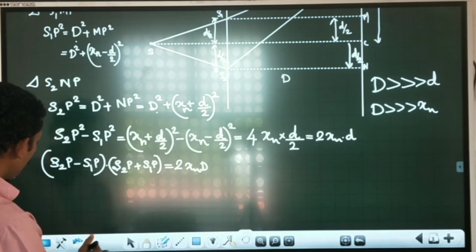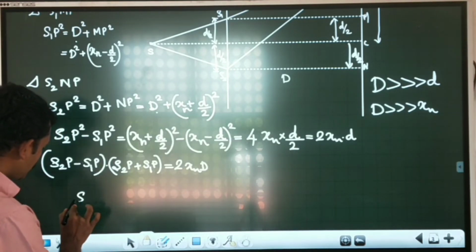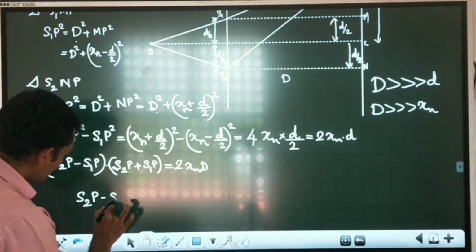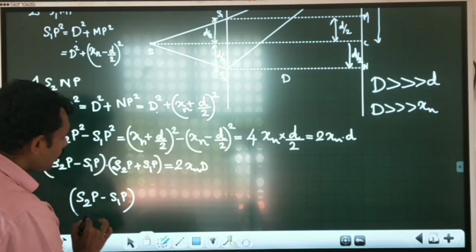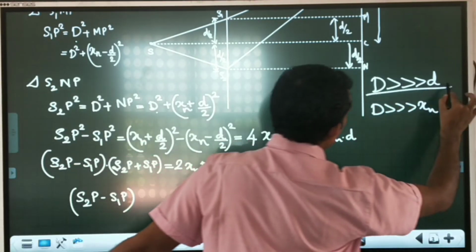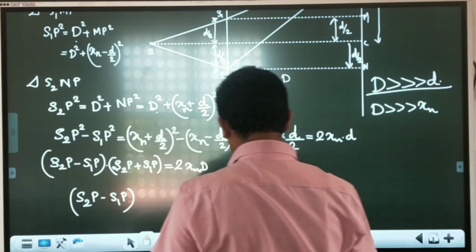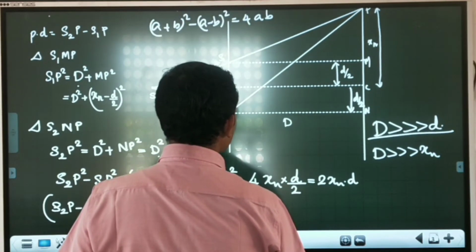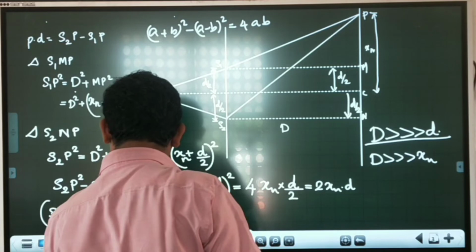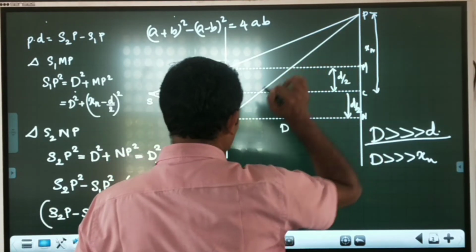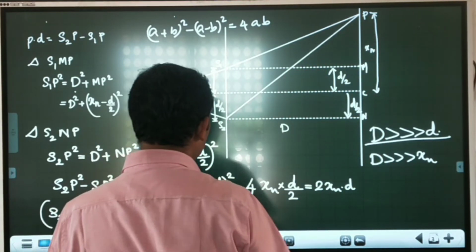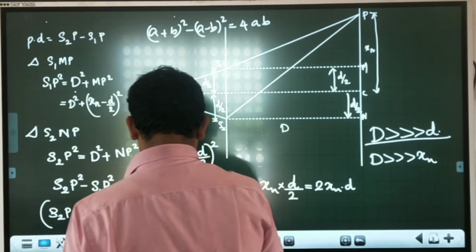So from here I am saying S2P minus S1P into the sum. As I told you, small d is a small quantity, xn is a small quantity. In the difference, these terms are quite important, whereas in the sum we take S1P and S2P.